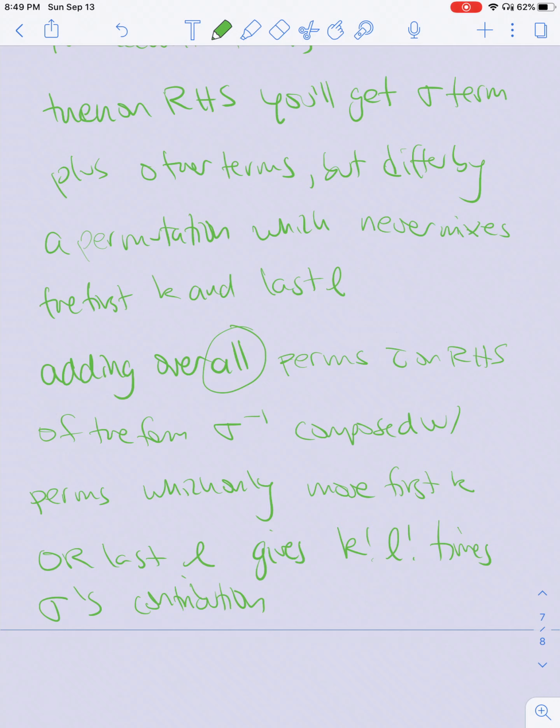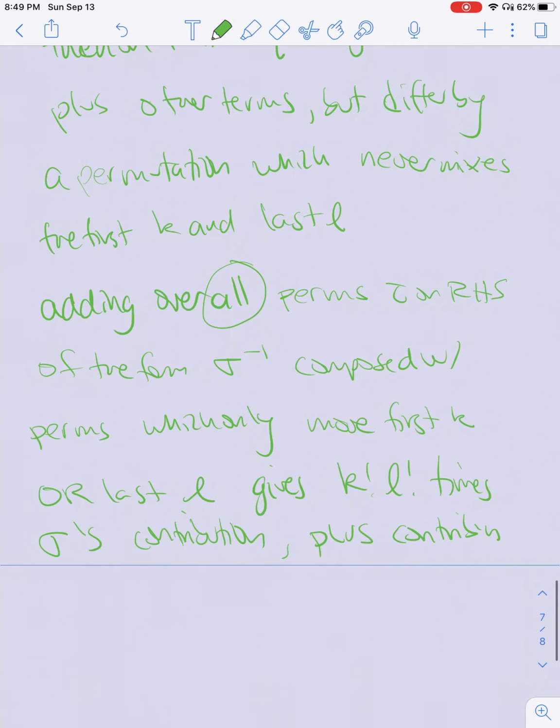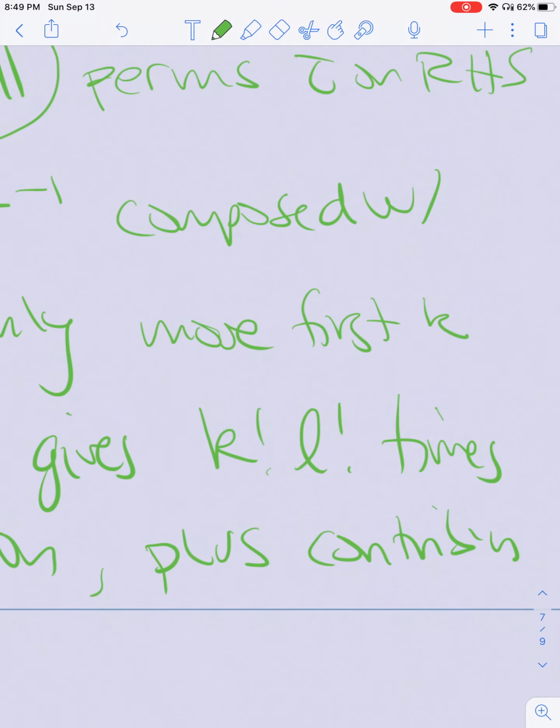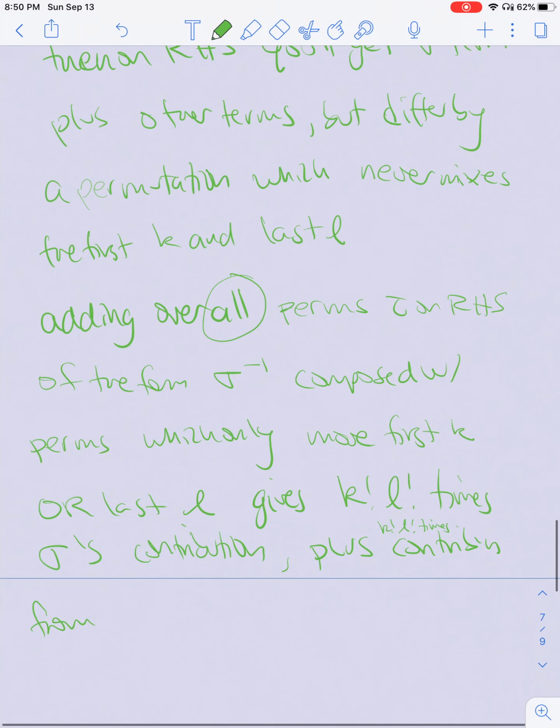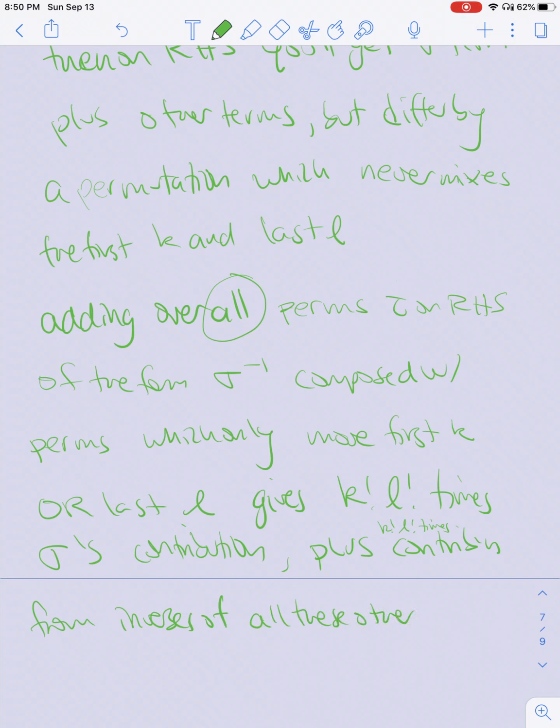It should be, let me see. Yeah, it should be k factorial L factorial times sigma's contribution plus k factorial L factorial times the contribution from the inverses of all of these other taus you obtained in this way.